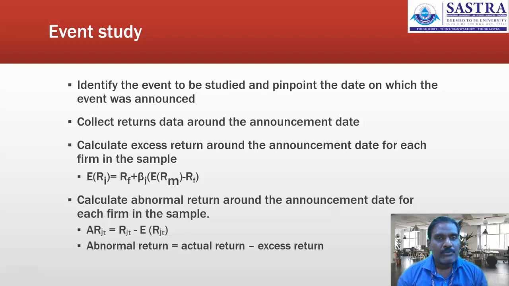For that, we may use the rate at which the treasury bills are traded in the market, or the government securities are available in the market during the specific period of time. That rate is taken as the return generated from the market without taking any risk. Let's say for example, during the specific period, 21st April 2022 to 12th May 2022, the treasury bills are available in the market at about 5%.